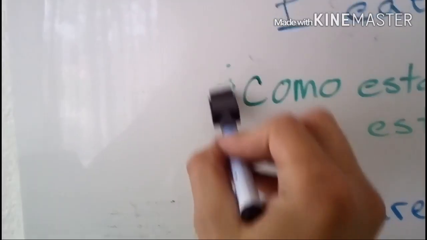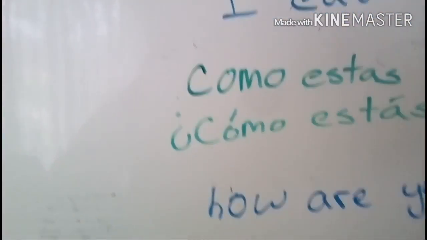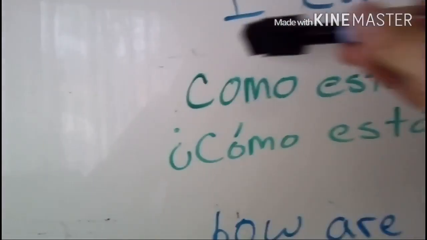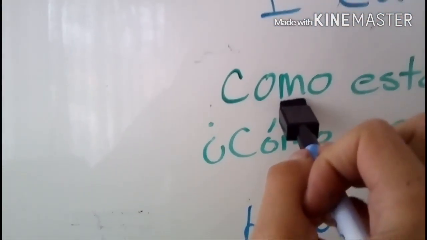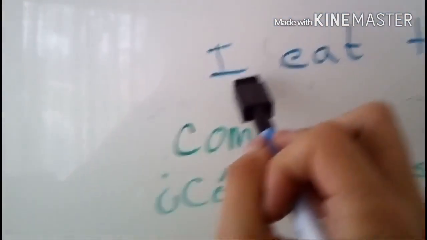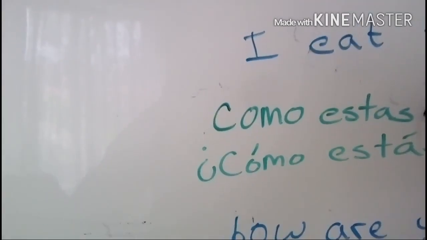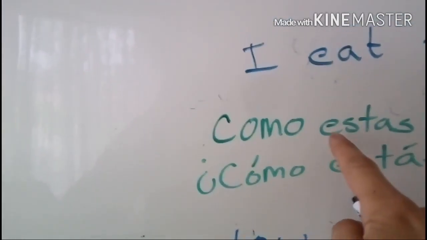But we have to remove this accent and this accent, because then this is not a question, because this doesn't have an accent. This is como, I eat. Estas. I eat this. That's what como estas means. I eat this. Remember to put the accent. And this is not an exception.